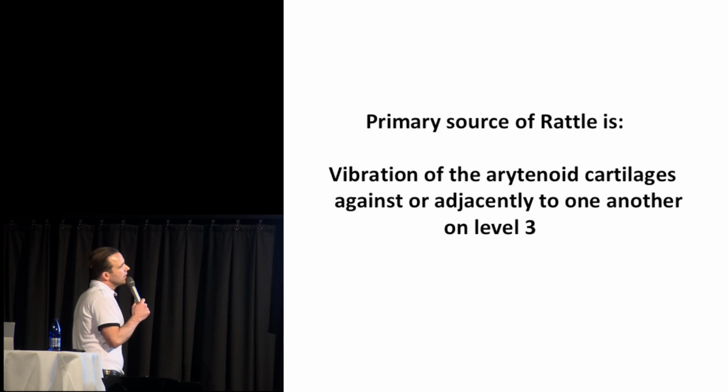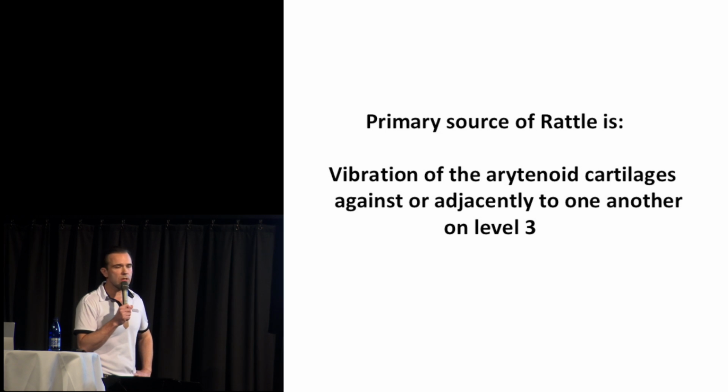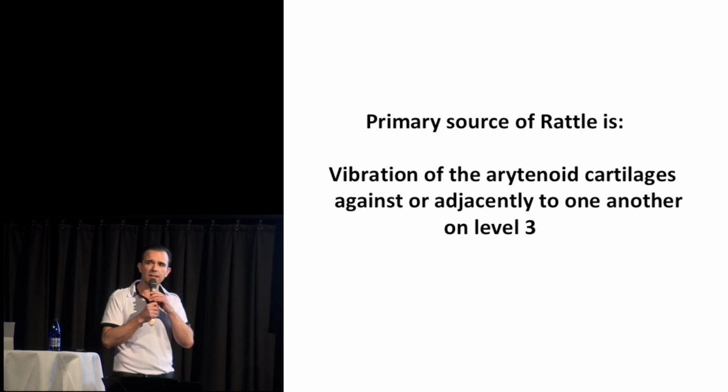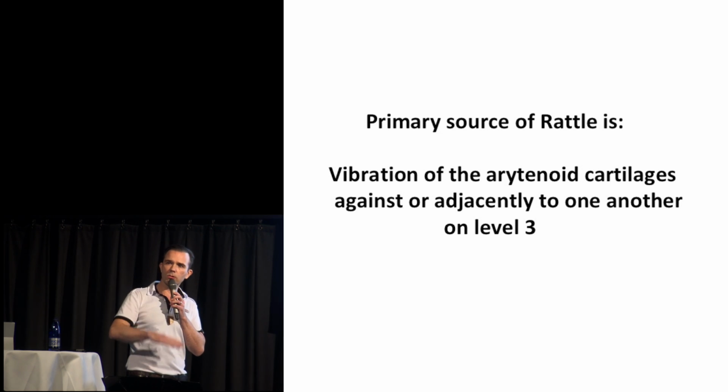Primary source of rattle is the vibration of the arytenoid cartilages against or adjacently to one another on level 3. So that is thereby higher in the vocal tract than the ventricular folds at level 2.